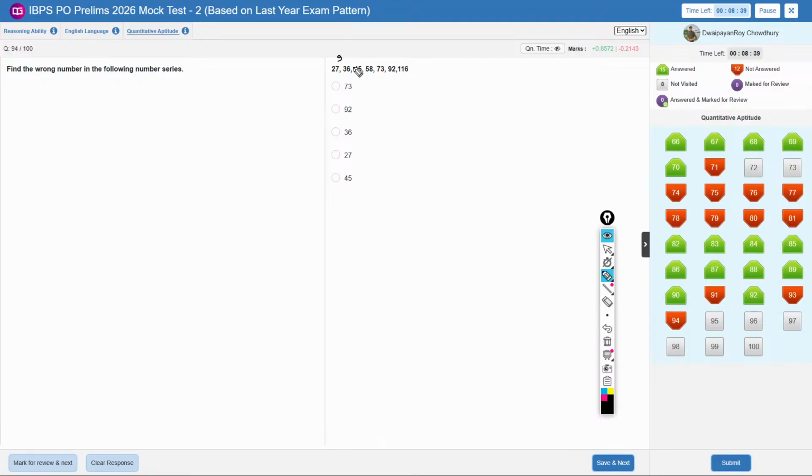3, 6, 9. Again 9, 9, 9, 18. Yes, so this is incorrect. But no, no, no. This is not incorrect. Let me just get back to it. This is the gap of 19, right? 9, 11, 13. Okay, maybe prime numbers. So this was supposed to be 11.